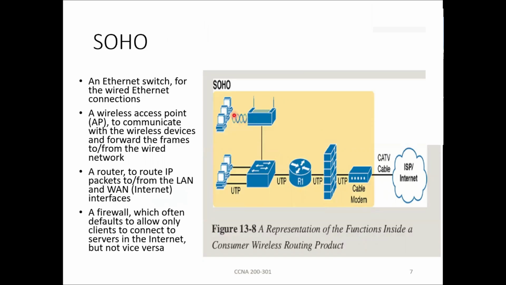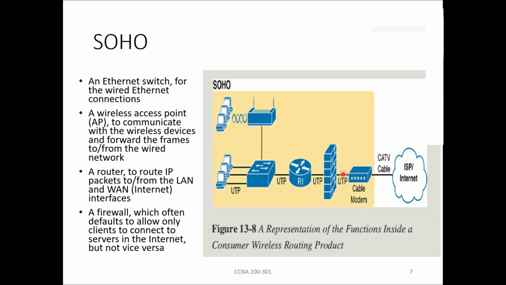Now, another scenario we have is called SOHO. SOHO stands for small office, home office, where we have the ISP who provides the internet connection, and the ISP connects with our cable modem. It could be a cable modem, DSL modem, or any other medium where the ISP terminates their connectivity.